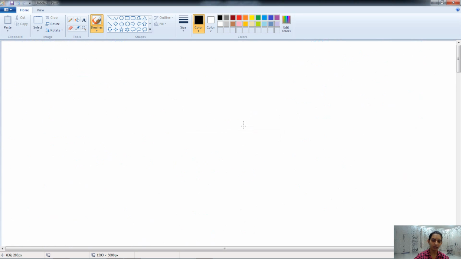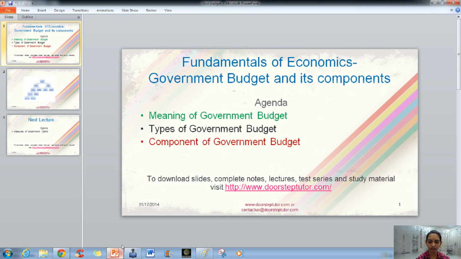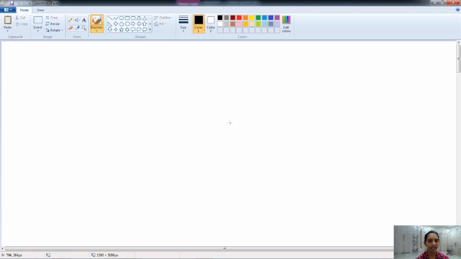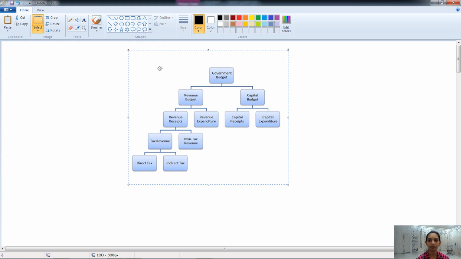Okay. So till now we have talked about the components of the government budget. Let's have a summary of it. Over here we have mainly two components of the government budget, the revenue budget and the capital budget. The revenue budget is classified again into two types, the revenue receipt and the revenue expenditure.